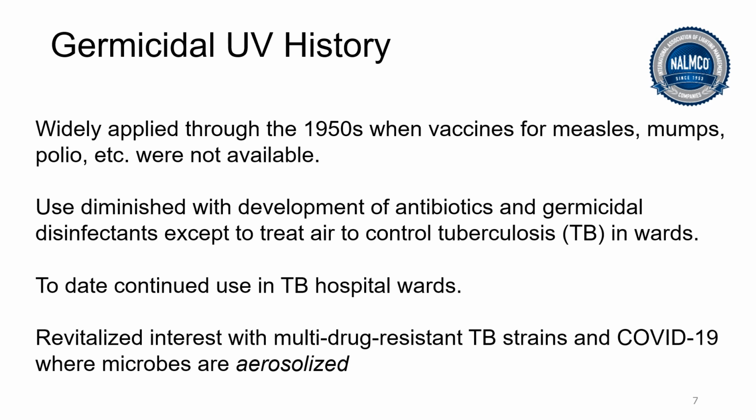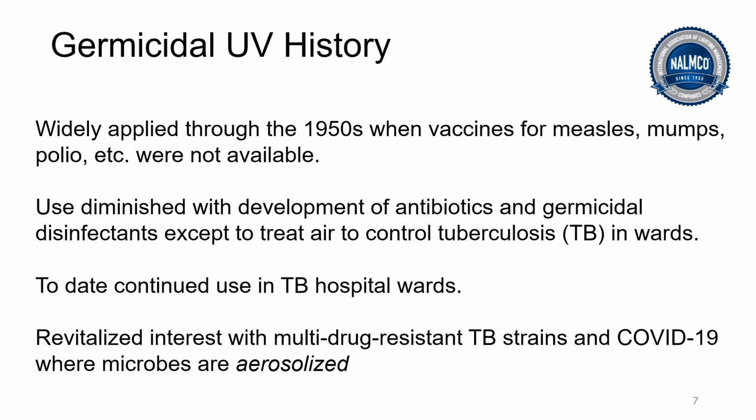Now, the use diminished because of the development not only of vaccines, but of antibiotics and germicidal disinfectants, chemical agents that would be helpful. However, germicidal UV remained in one area where they didn't have a vaccine, and that's to control tuberculosis or TB. And so you still find them in TB wards.